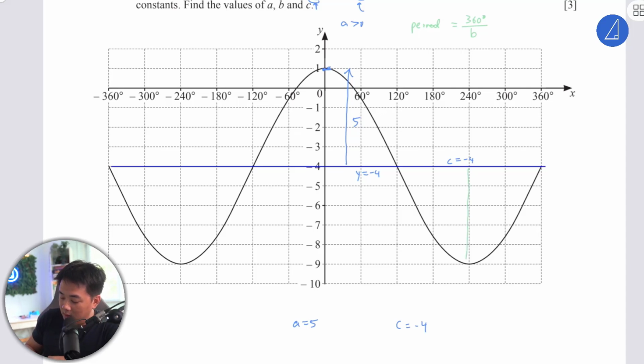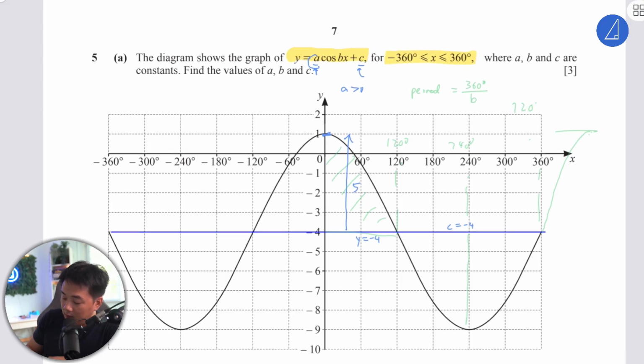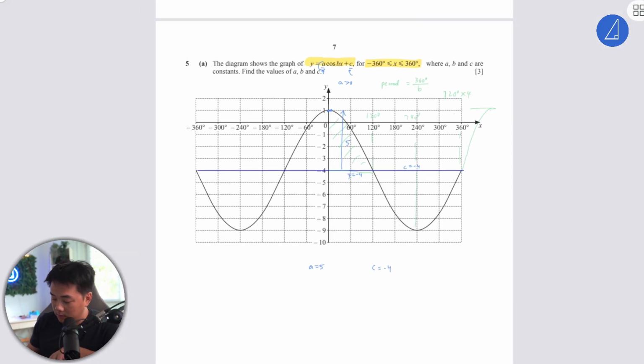So this is one quadrant, which is 120 degrees, then the second quadrant is 240, then this is 360. So obviously there's another way to go, because we need 4 quadrants. So the period will be 120 degrees multiplied by 4, because one quadrant is 120 degrees.